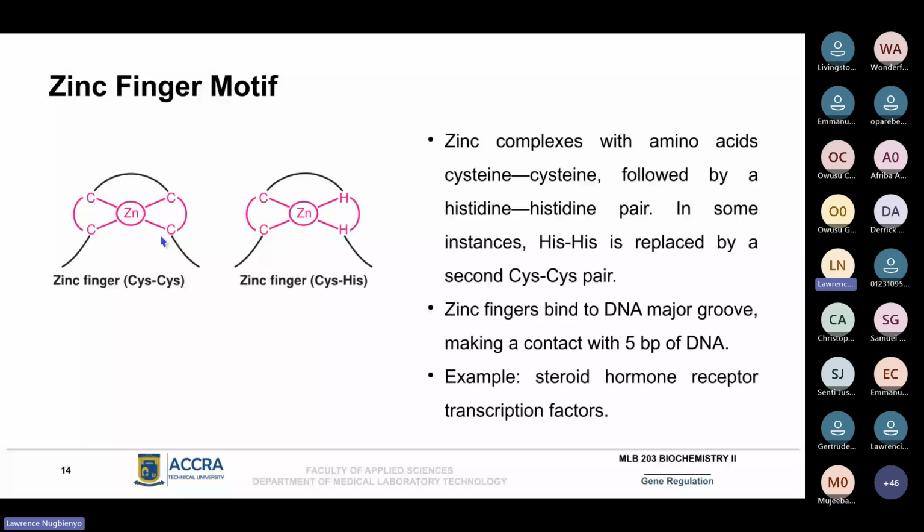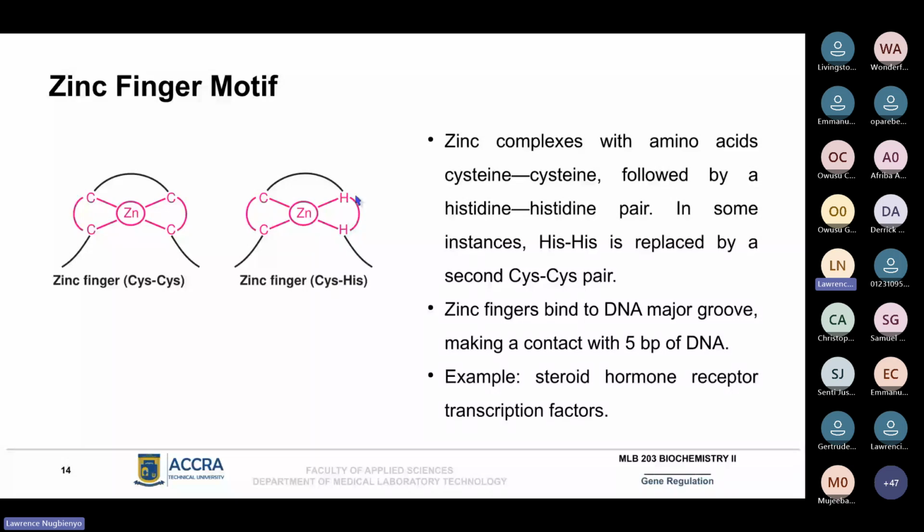motif. Or you can have a zinc-finger motif having on one side two cysteine residues having such a disulfide interaction between them. Or you have on the other side histidine.